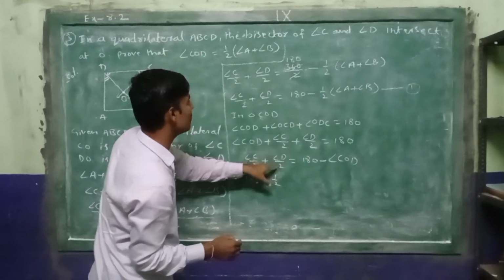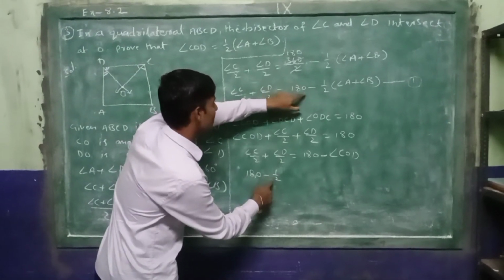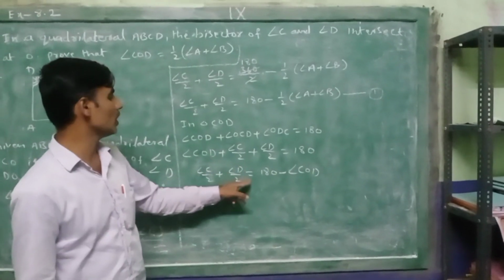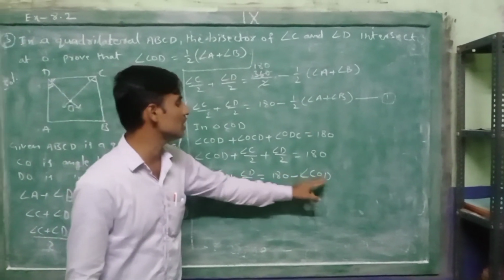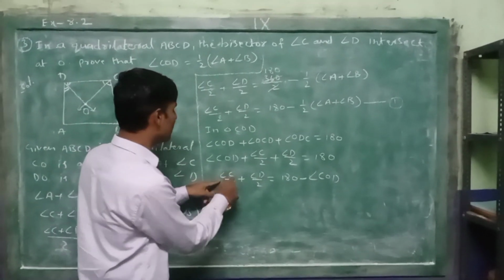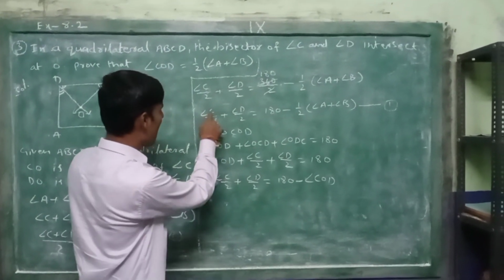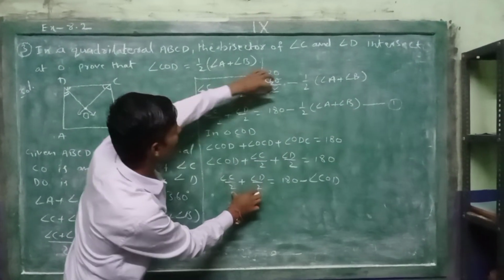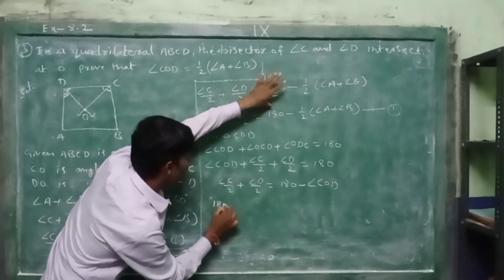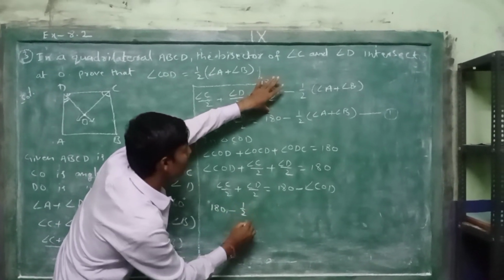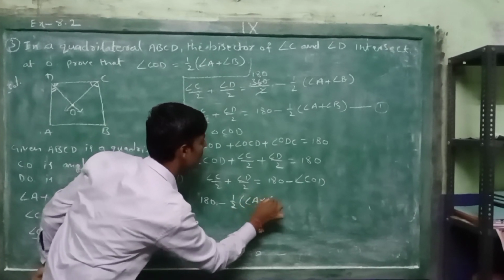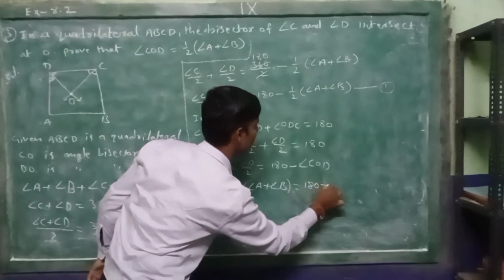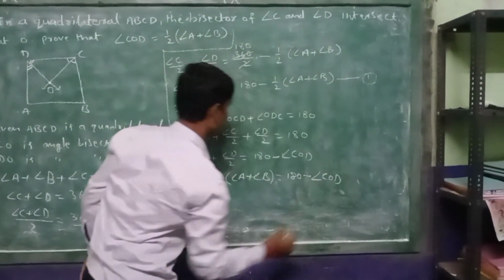Angle C by 2 plus angle D by 2 equals 180 minus angle COD we got. So from 1 we can write angle C by 2 plus angle D by 2 equals 180 minus 1 by 2 into angle A plus angle B, equal to this one as it is, right: 180 minus angle COD.